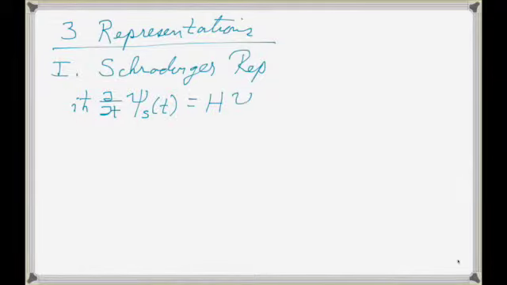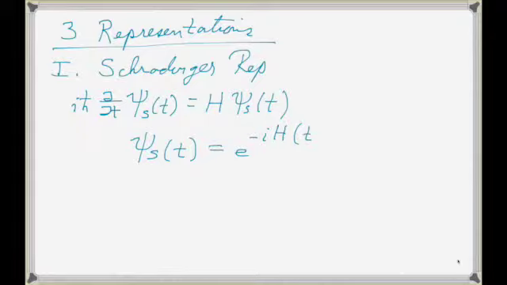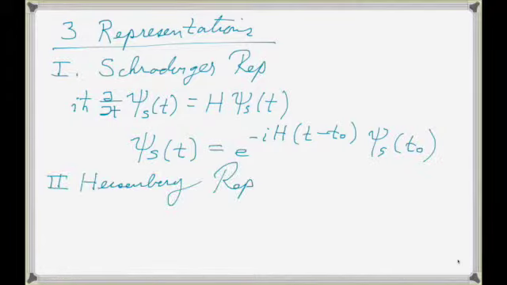equals H psi. And so if H is not a function of time, then you get e to the minus i H (t minus t0) over h bar times psi_S. Okay, and the next one is the Heisenberg representation, where the wave function psi_H is equal to e to the i H t over h bar times psi_S.